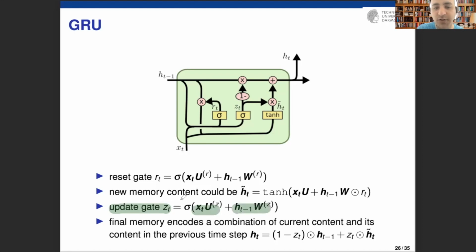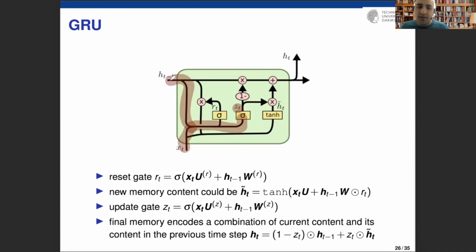So if you look at z_t, it is a linear transformation of x_t, and the other input comes from here, which is the linear transformation of h_t minus 1. So we say that this is the update gate.